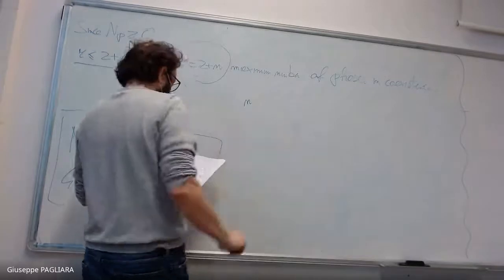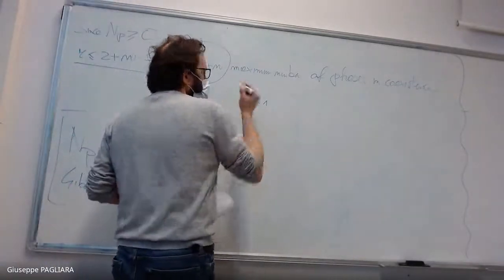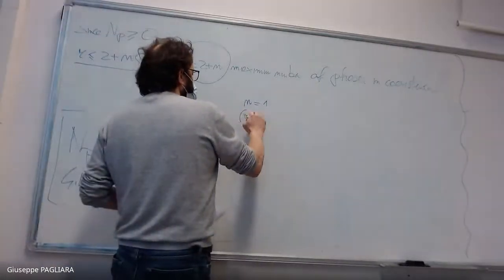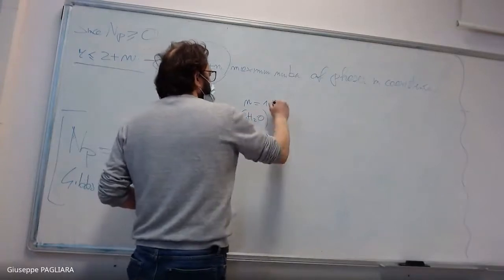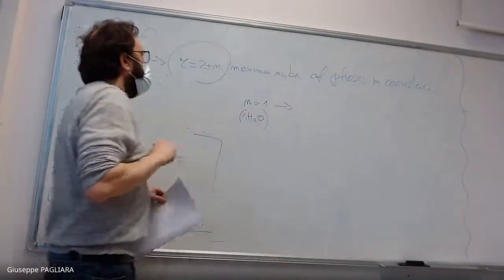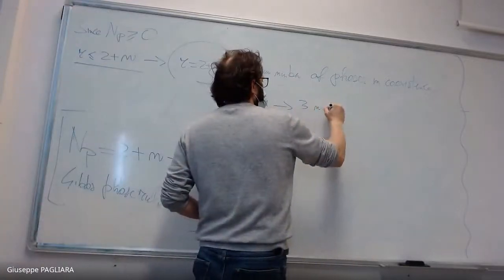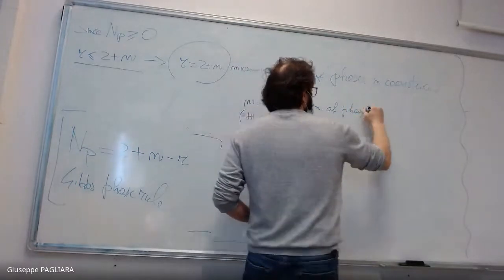So let's take some example. Suppose that n is equal to 1, so one chemical component, which should be water, for instance, H2O. The maximum number of phases is 3, three phases in coexistence.